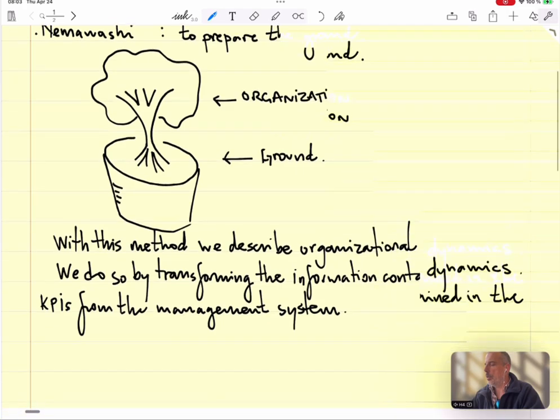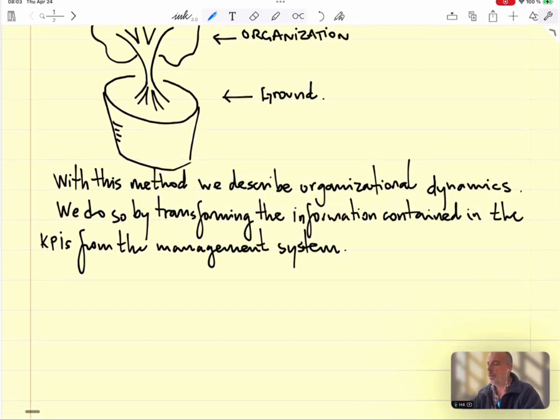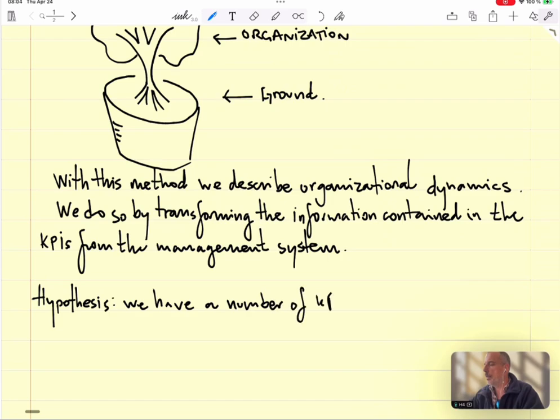So the hypothesis is that we have a number of KPIs as a function of time.